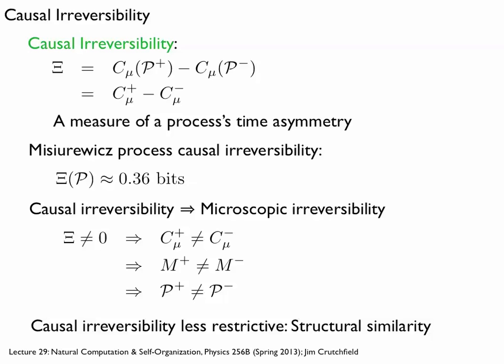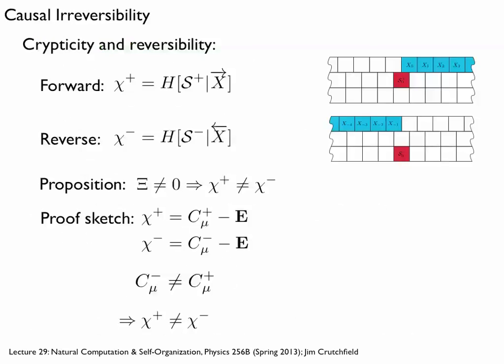So anyway, this notion is much coarser. Okay, so now I wanted to show how the crypticity is controlling reversibility or irreversibility, kind of using this language to talk about the results we just had.